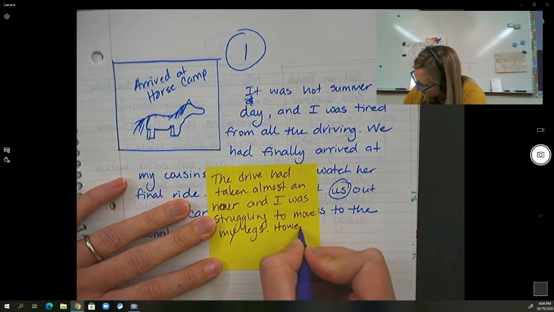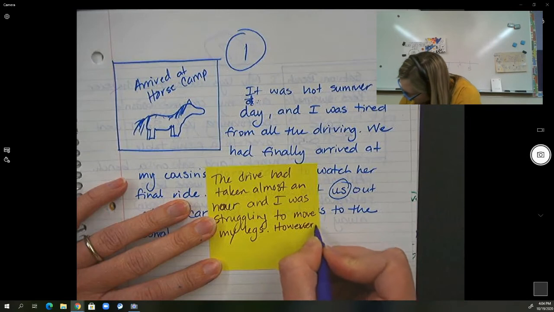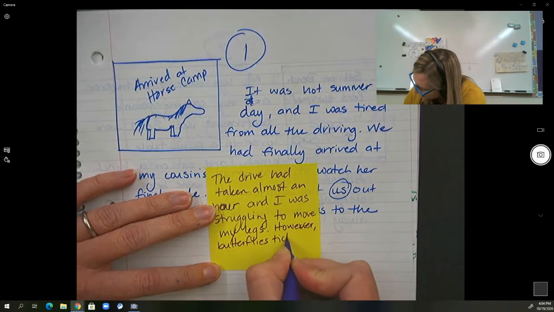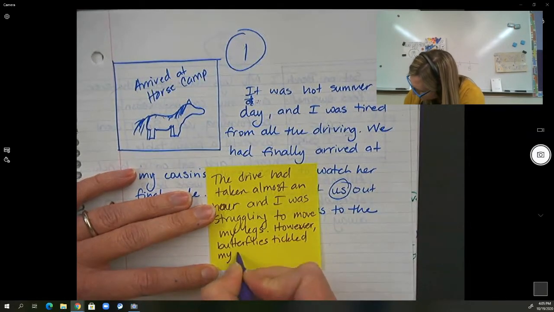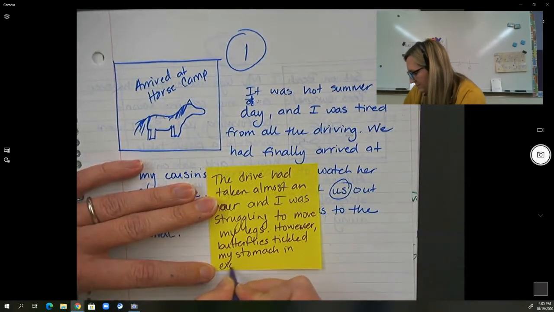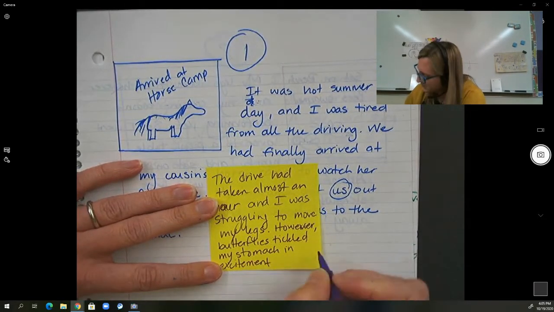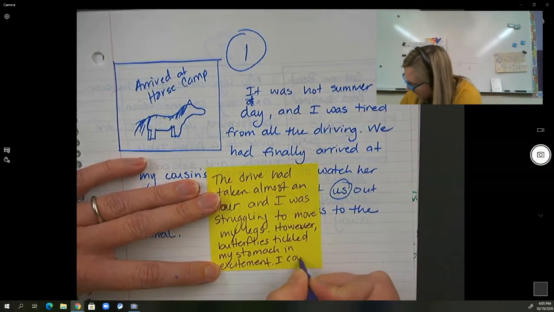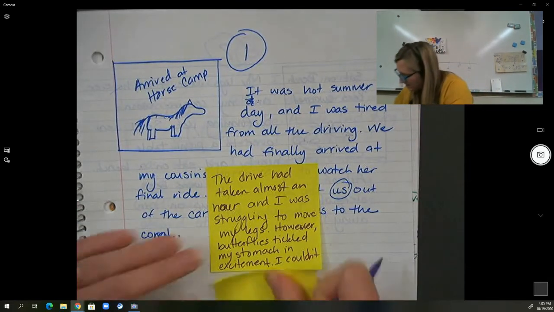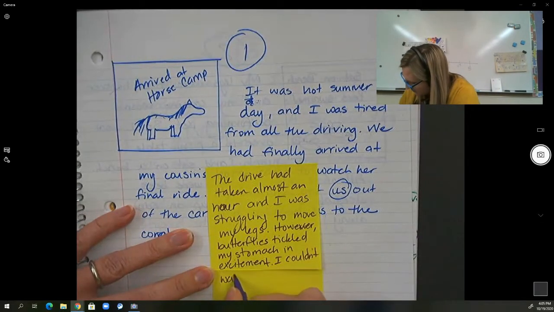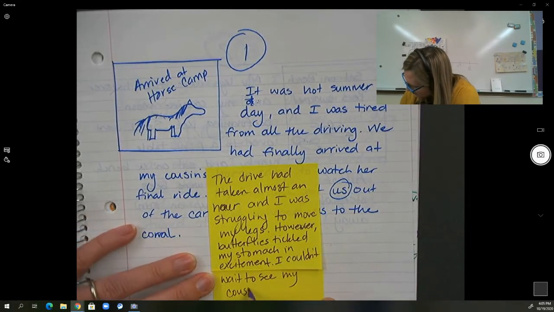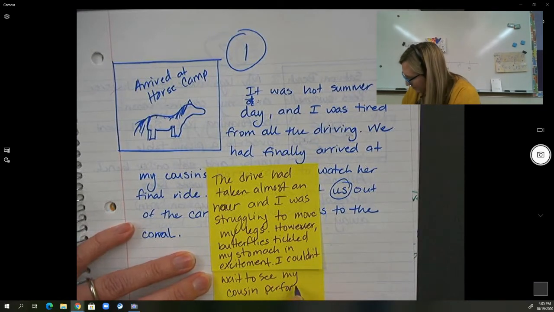However, butterflies tickled my stomach in excitement. I couldn't wait to see. Oh my gosh, I'm going to need another Post-it note. I couldn't wait to see my cousin perform. I think that's the right word.